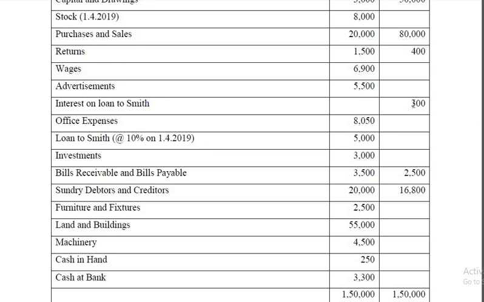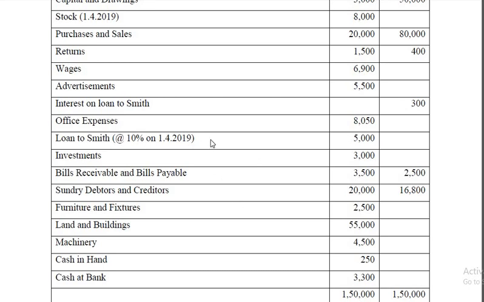It's an income because you have advanced the loan, so interest is an income. So 300 is received. Then what is outstanding? Total interest is 500, out of which you have received 300. 300 plus 200, totally 500. Ultimately, interest accrued is 500.